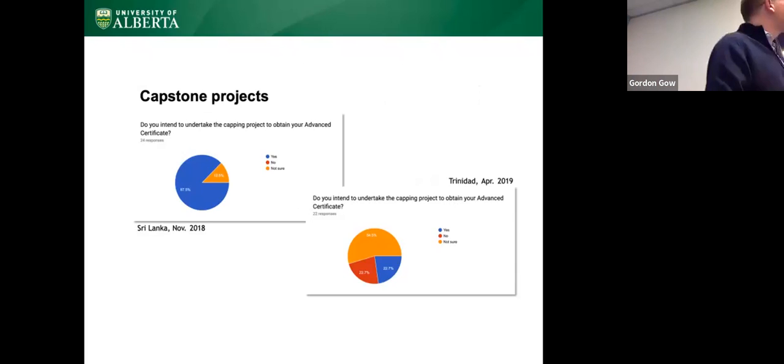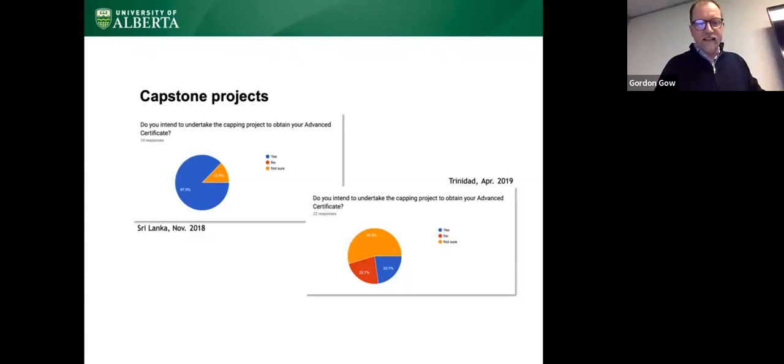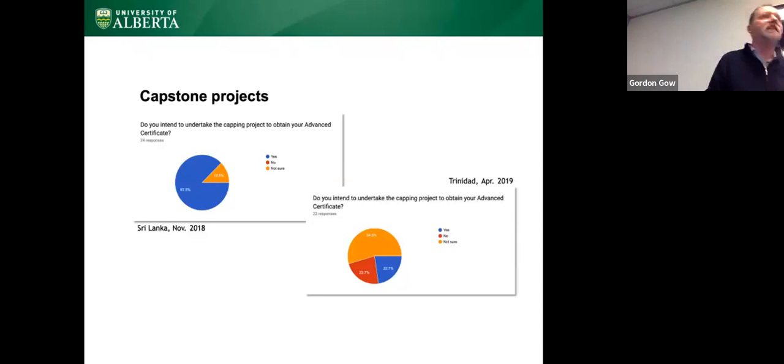And 87%, in the Sri Lanka case, said yes, they intend to do a capping project. Trinidad was a little more honest in their response, with 55% saying they're not sure, right? But that's okay. I think that's just an intent to act, and it speaks to how the course motivates them, right?